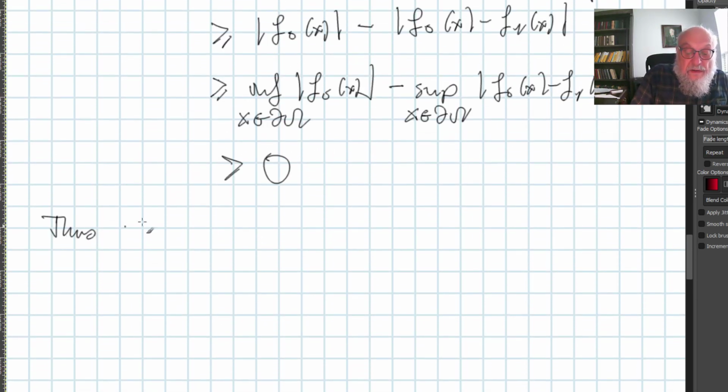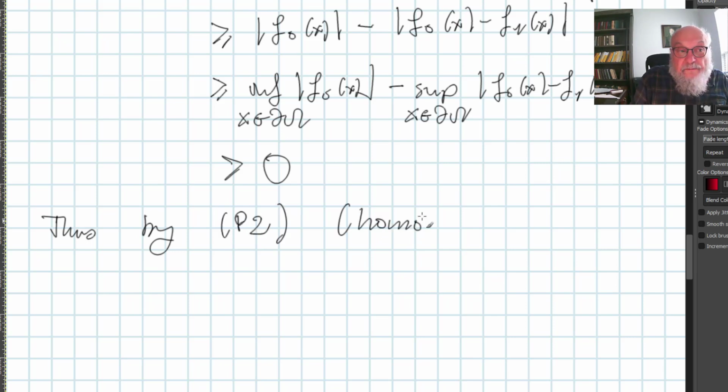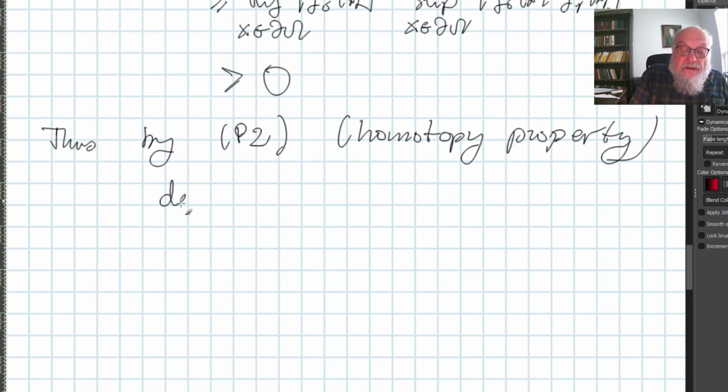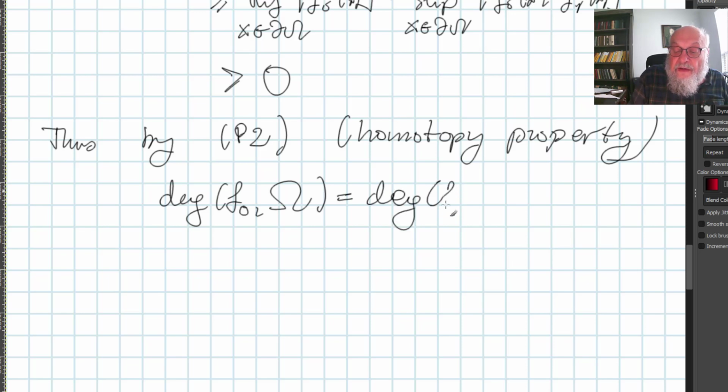So, thus, by property P2, the homotopy property, we have here that the degree of f0 on omega is equal to the degree of f1 on omega.